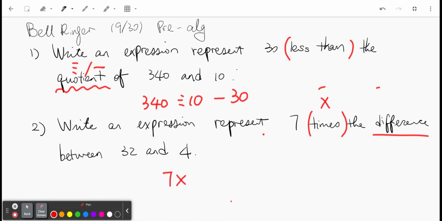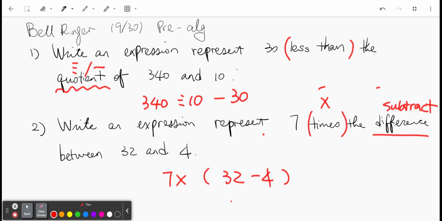What does the difference mean? Subtract. Very good. So subtract between 32 and 4. Whenever you see difference or sum, with subtract or addition, you have to put those numbers into parentheses. So it's 32 minus 4.